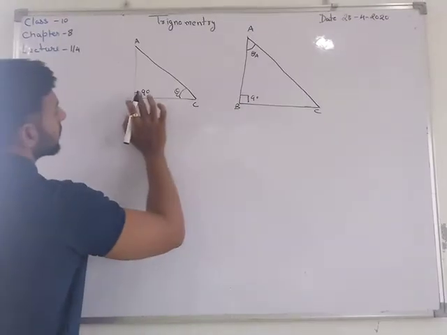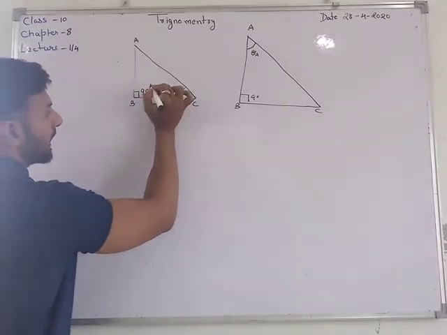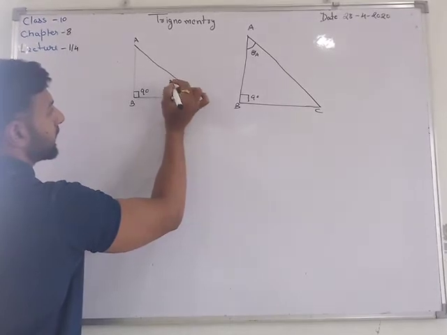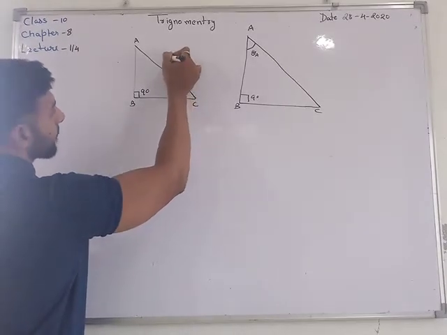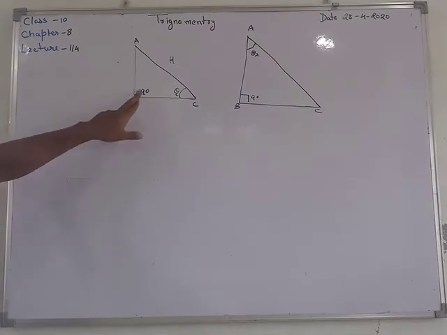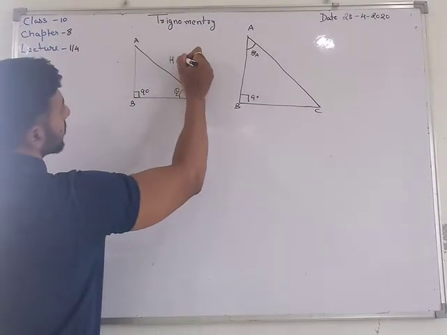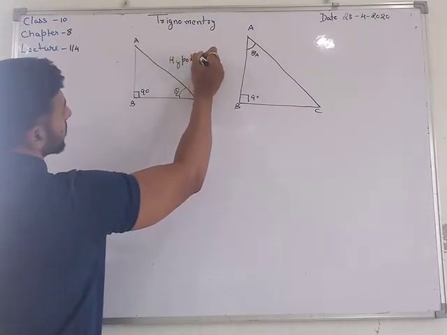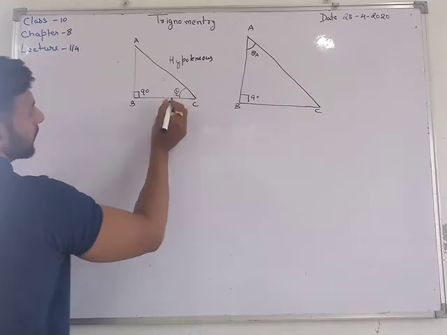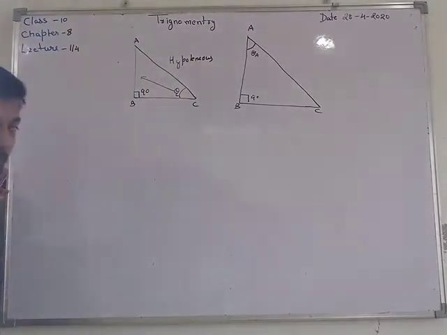Now, the side which is opposite to 90 degree is the hypotenuse, which is represented by H. The side which is opposite to theta is called perpendicular.